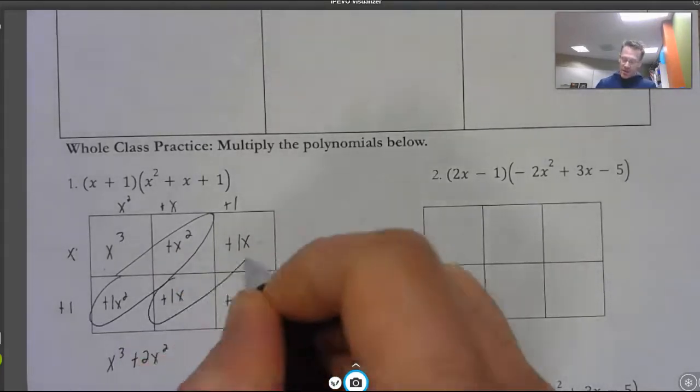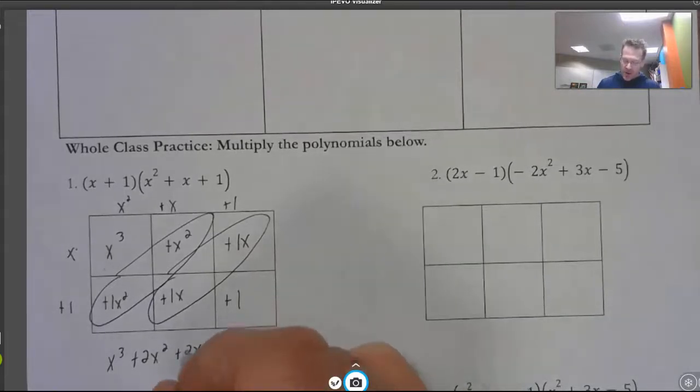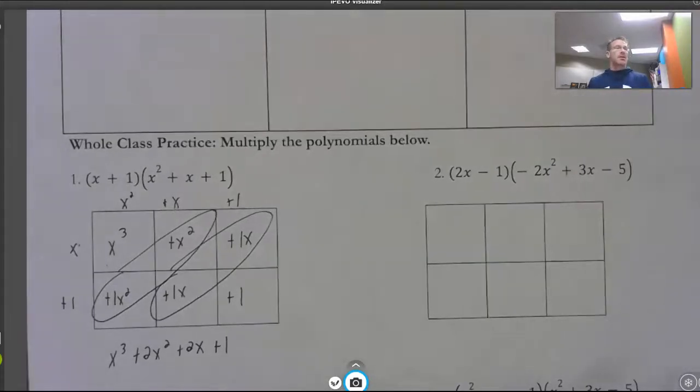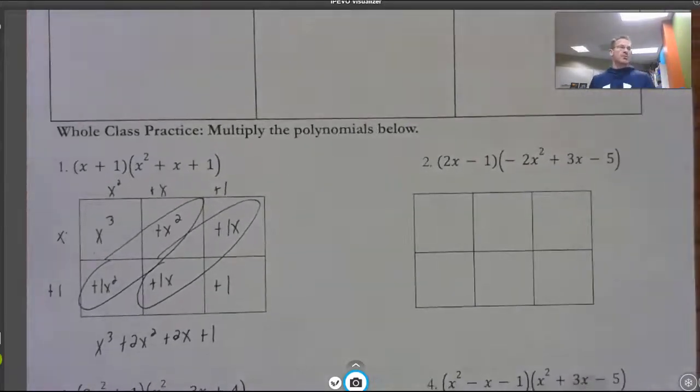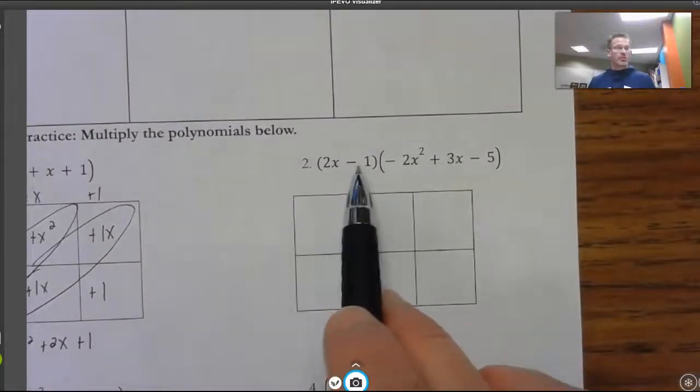And then 1x plus 1x would be 2x. And then I only have my one number here, so that's plus 1. And there's my answer. That's all it is. It's really just a repeat of what we did in our last lesson, just with more terms to multiply.